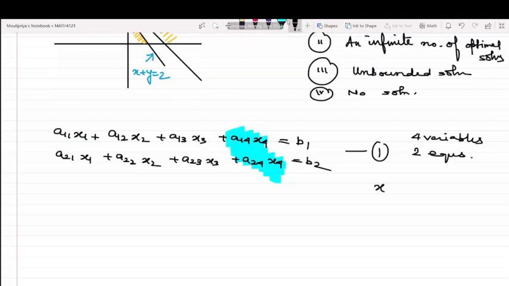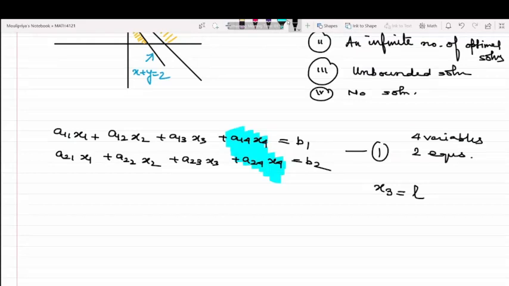You would have assigned, say, x3 as L, right? L can take any value on the number line.